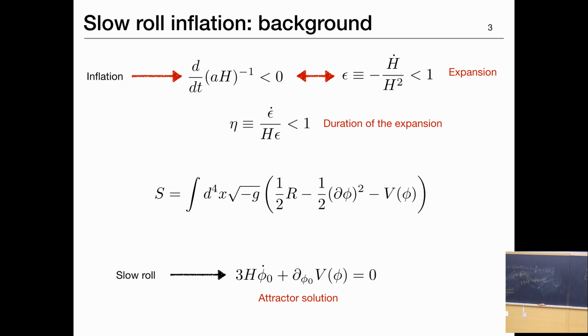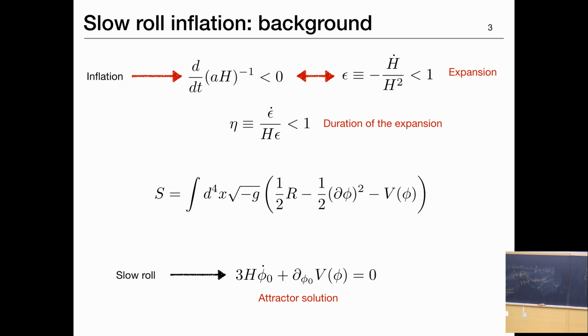So inflation is the period in which this parameter epsilon is smaller than 1. There is also another parameter, eta, which tells about the duration of this expansion. In the standard Big Bang picture, we know that in the early universe there is only radiation and matter, and that content is unable to produce this period of expansion. So we need to add another ingredient, and the simplest choice is a scalar field minimally coupled to gravity.